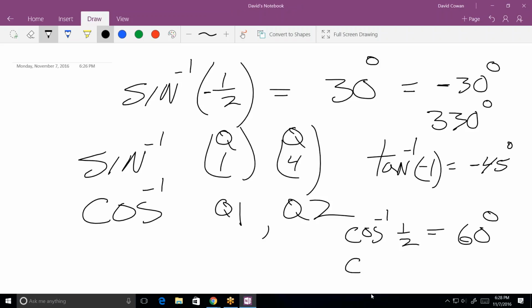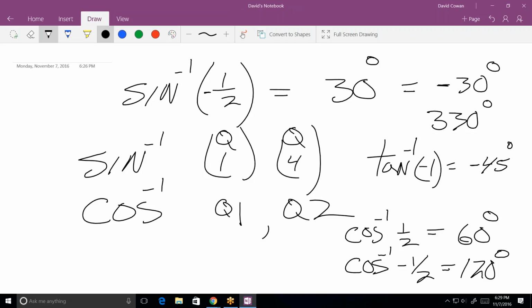But if I said, what's the inverse cosine of negative 1/2, it's not negative 60 degrees. It's whatever the second quadrant equivalent of 60 degrees is, which is 120. Yeah. Okay. So you always have to pay attention to that.